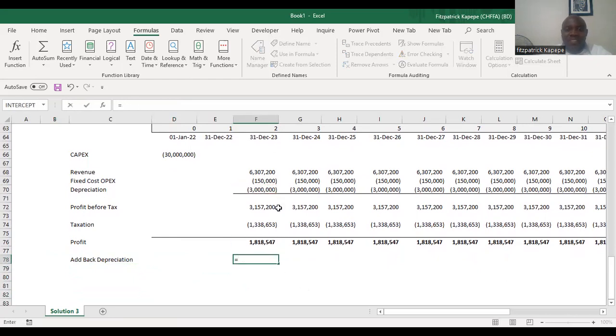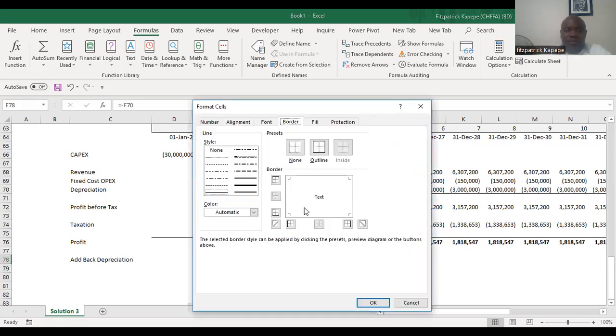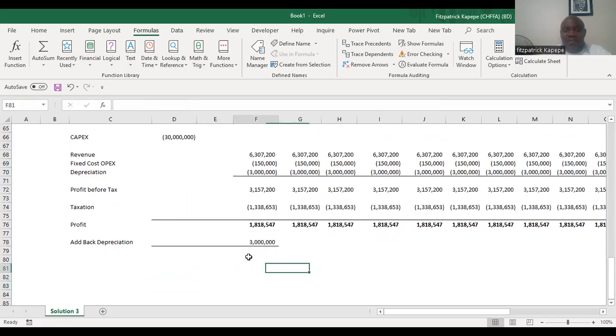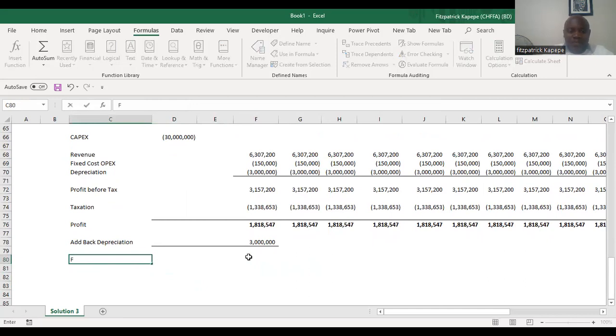Hear me out. So in adding back depreciation here, all we are getting are the free cash flows. Let me just finish it up.